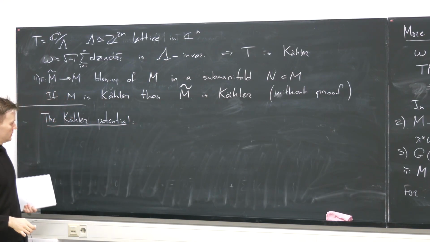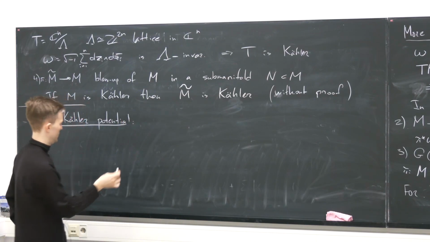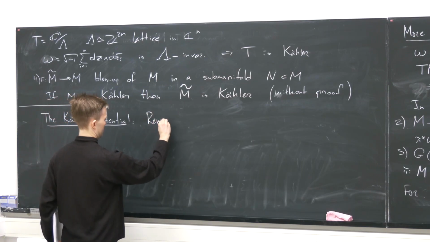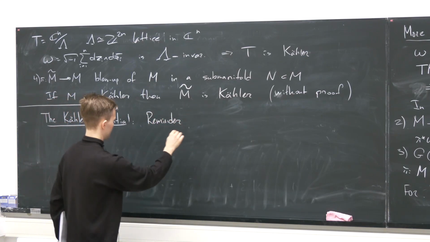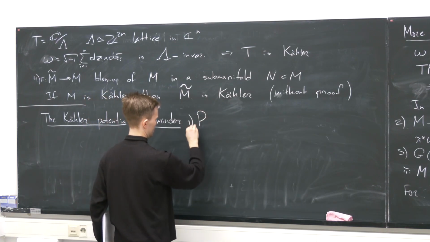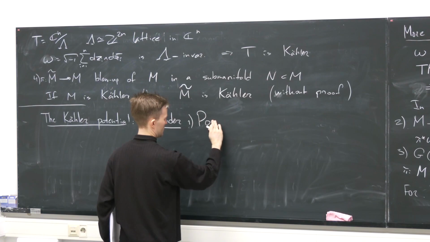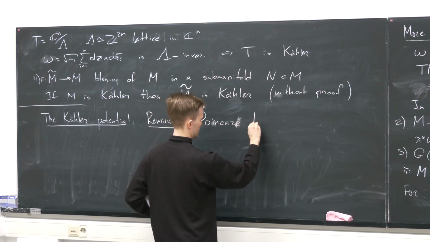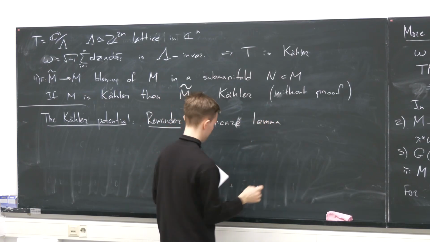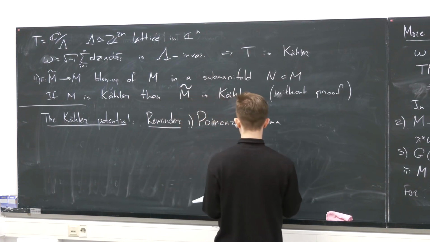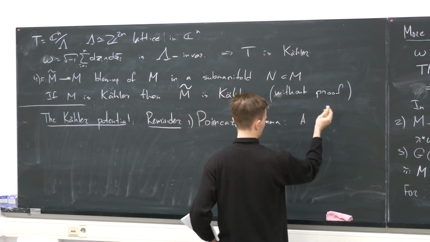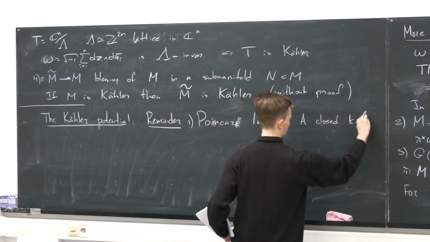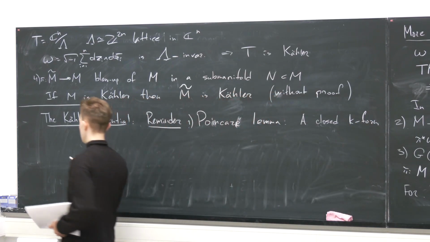Let me first recall the Poincaré lemma and the Dolbeault lemma about differential forms. So, reminder. The first thing is the Poincaré lemma. It says that a closed k-form is locally exact.